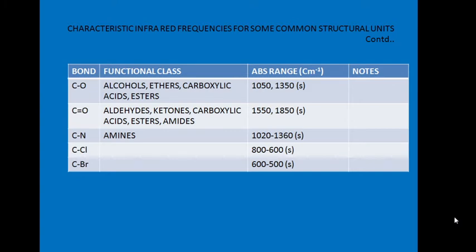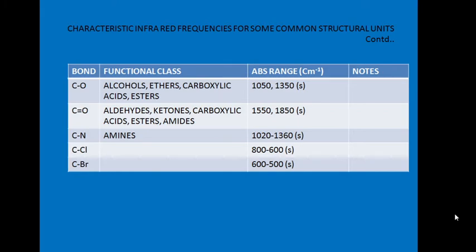Okay, so these are infrared spectroscopic data, the absorbance which we are going to get when we subject the molecule to IR spectroscopy. What information do we get from IR spectroscopy? We get very important information regarding the functional groups present in that particular molecule.